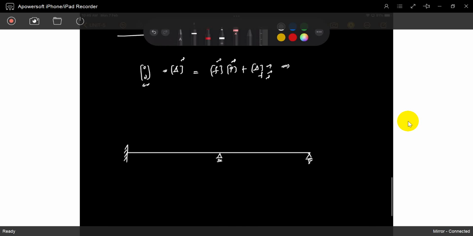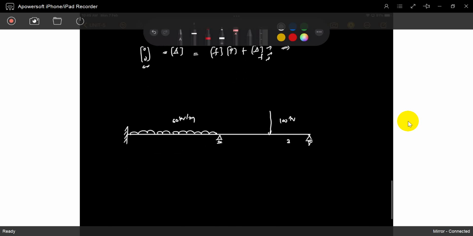I will show you, 160 kilonewton meter. See, now how much degrees of freedom is there? Not degrees of freedom, how much static indeterminacy? Static indeterminacy is 3+1+1 = 5, minus 3 is 2.